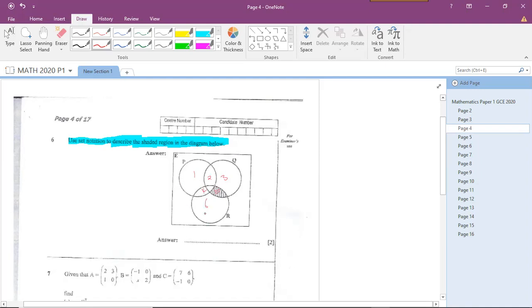So you've seen that I've indicated one element in each of the spaces in this Venn diagram.